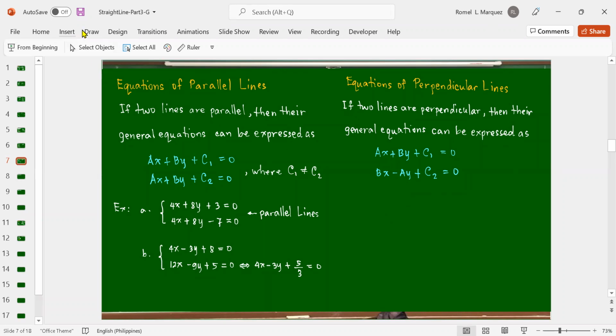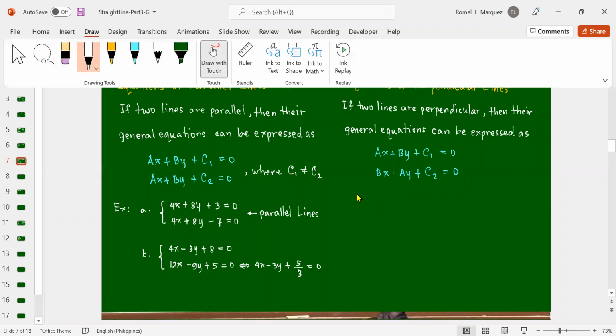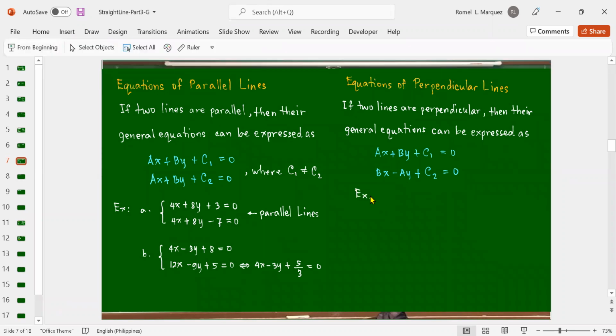So examples. Letter A, we have 4x plus 5y minus 7 equals 0. So I have here 5x minus 4y, let's say plus 8. These are perpendicular lines. Okay, guys?